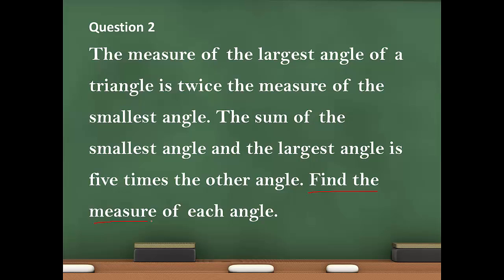The measure of each angle. A triangle, you know, we have a triangle, 3 angles. So here we have the largest angle, we have a smallest angle, and we have the other angle.